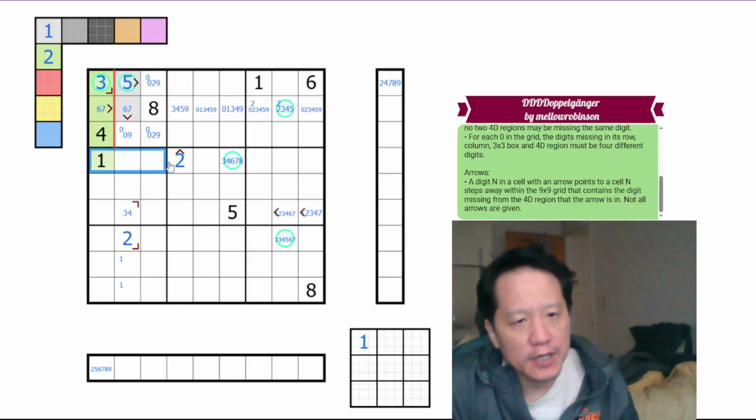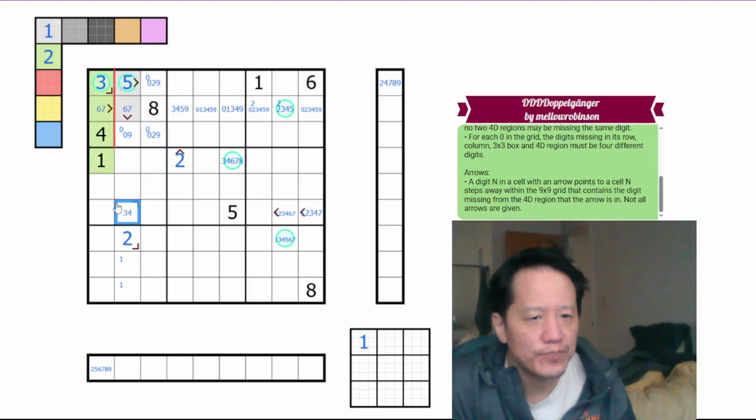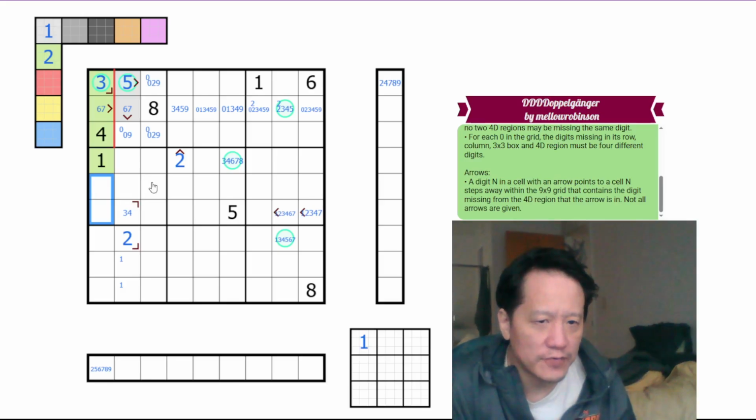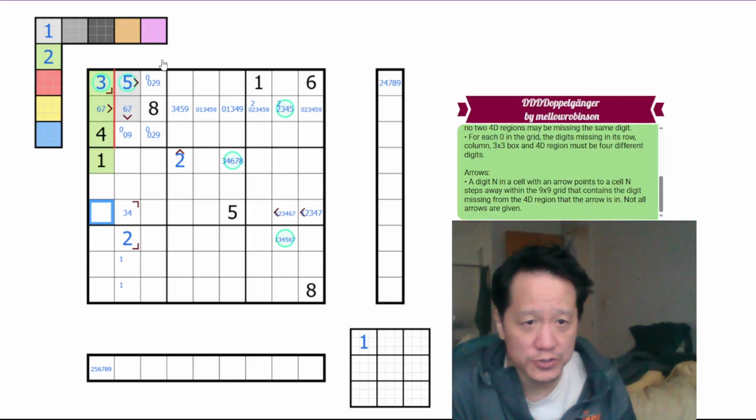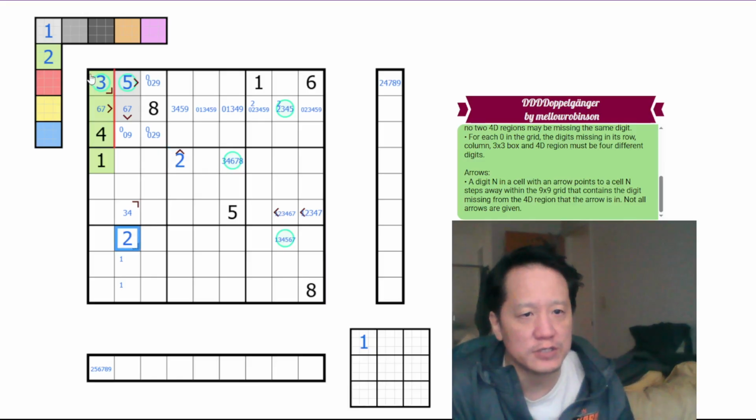Well, we know green cannot go to here, green cannot go to here. We have 1, 2, 3, 4, 5, 6, 7, 8, 9. It doesn't actually have to go beyond this. It does have to enter, though, here or here guaranteed, because there's no other greens in box 1. It can't be part of 2 because it's missing a 2.